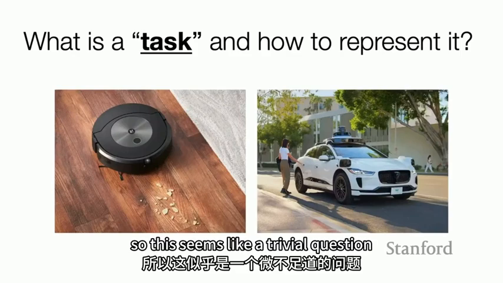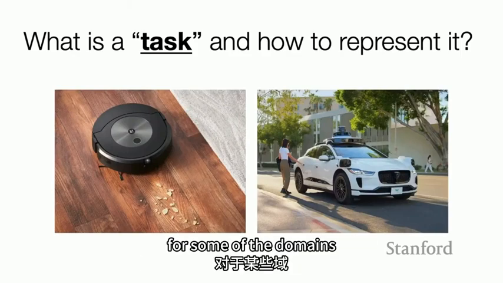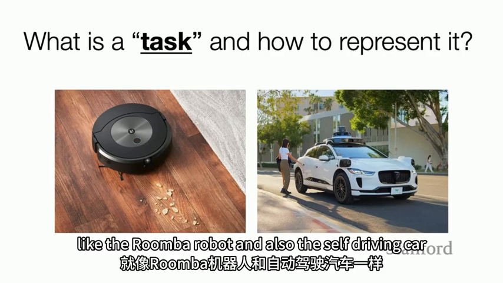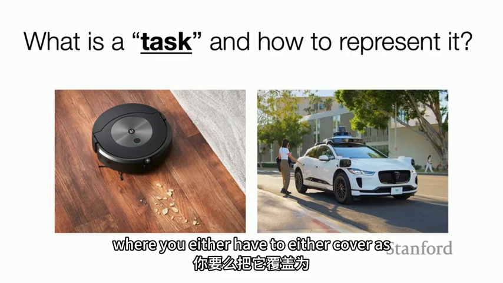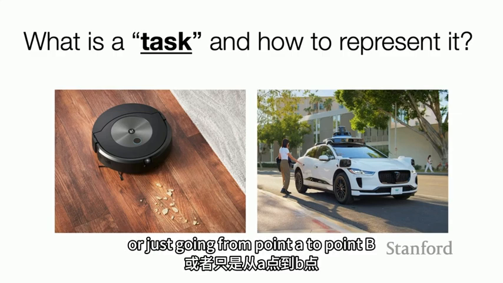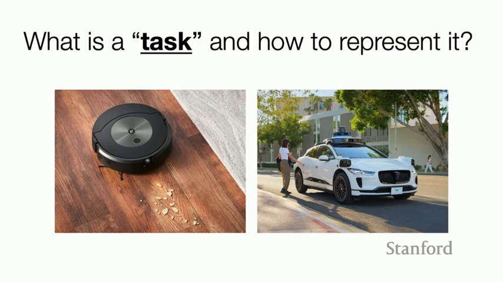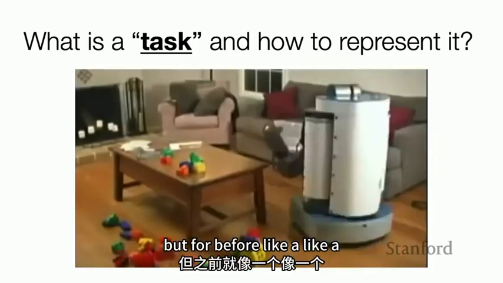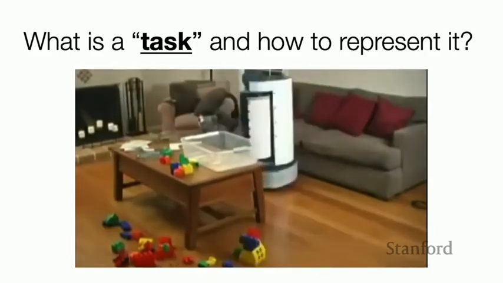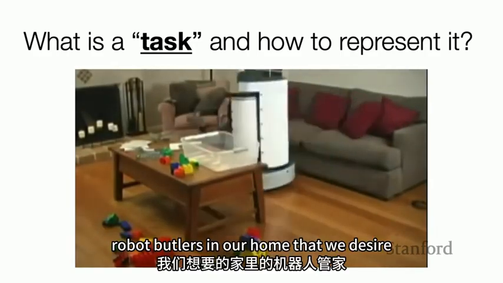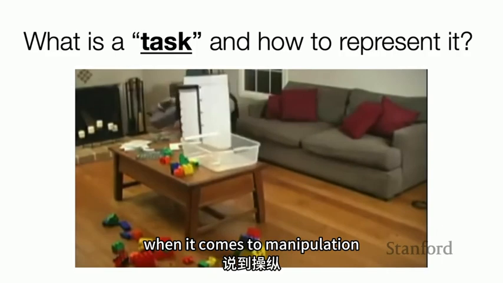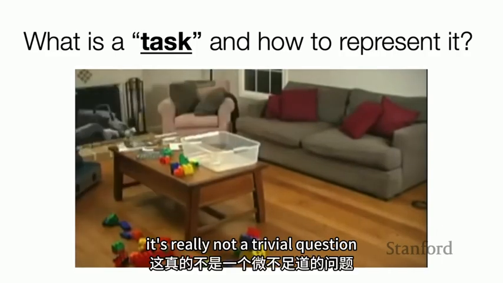This seems like a trivial question for some domains, for example the Roomba robot and the self-driving car, where you either have to cover as much area as possible or just go from point A to point B. But for the robot butlers in our home that we desire, when it comes to manipulation, it's really not a trivial question.